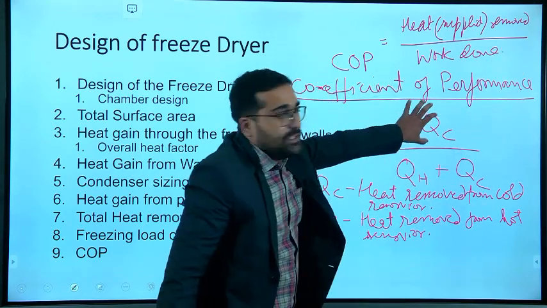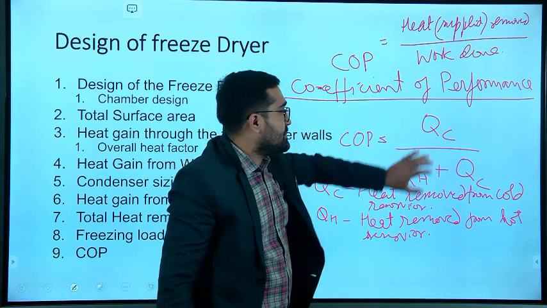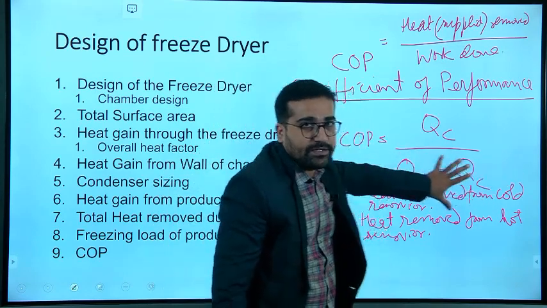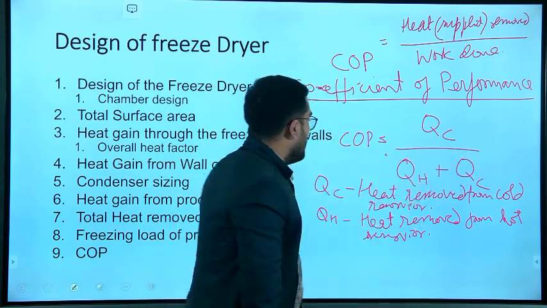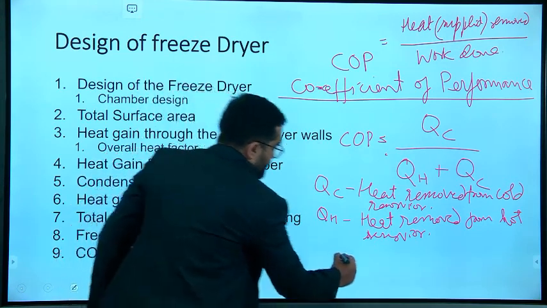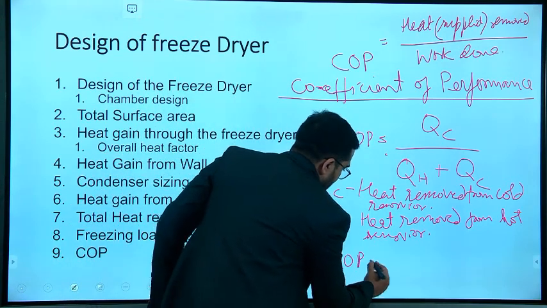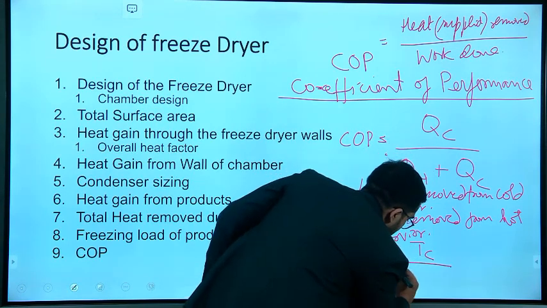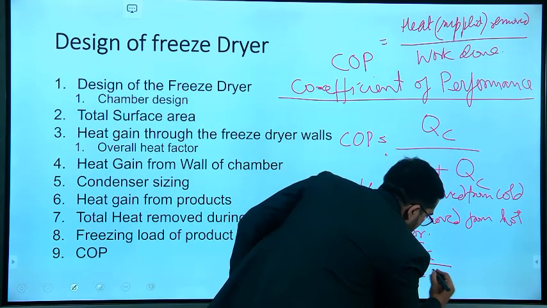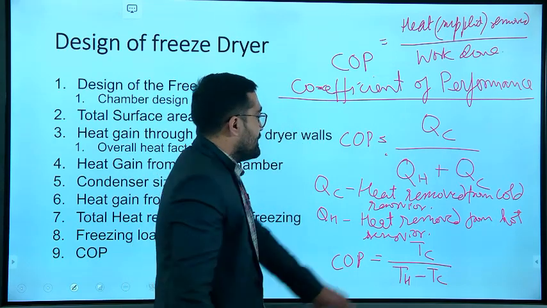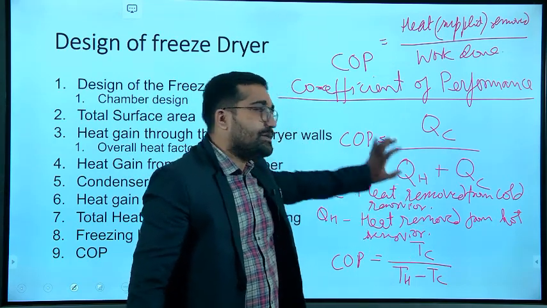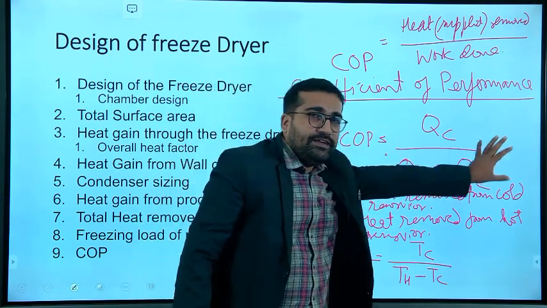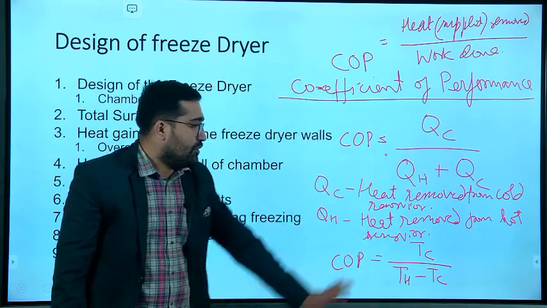So this much heat is removed from the system, this much total work is done on the system. The same thing in terms of temperature is TC divided by TH minus TC, where TC is the temperature of the cold reservoir and TH is the temperature of the hot reservoir.